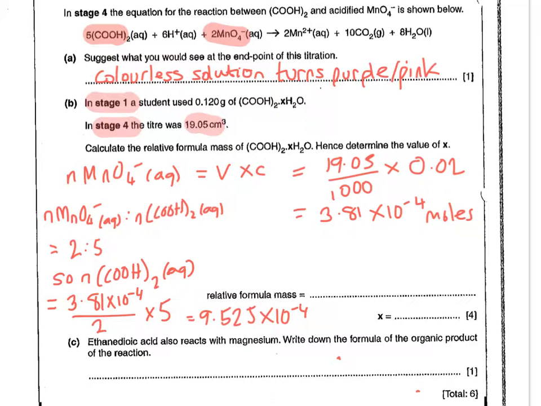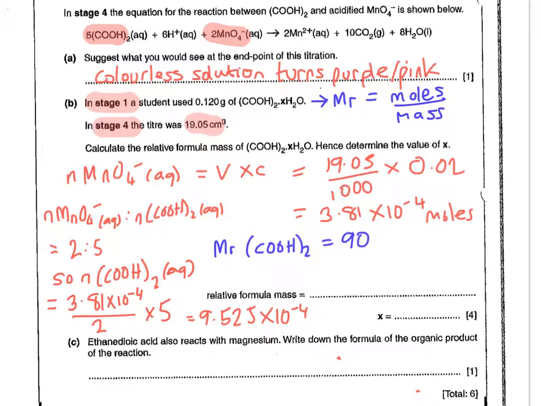So because the page is getting a little crowded now, I'm going to switch colours. I'm going to turn to blue. So now I'm trying to work out the MR of my anhydrous (COOH)2, which is 90. So to work out the MR of my hydrated salt, it's simply mass over moles.